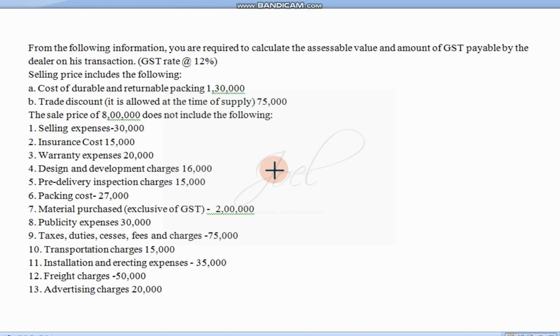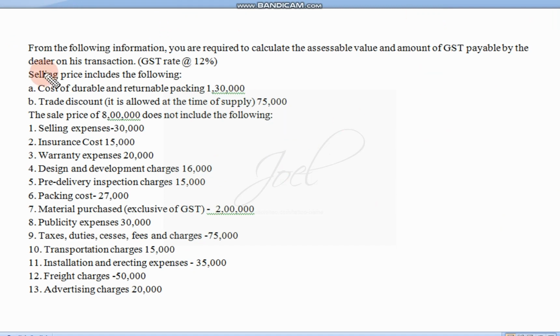At the same time, if anything we have to return, that is returnable containers, durable containers, these things we have to less if they are included in the selling price. And of course we have to add the profit margin if it is given in the problem. Then we will arrive at transaction value, which is known as taxable transaction value. On that basis, calculation of GST, that is payment of GST, will be considered.